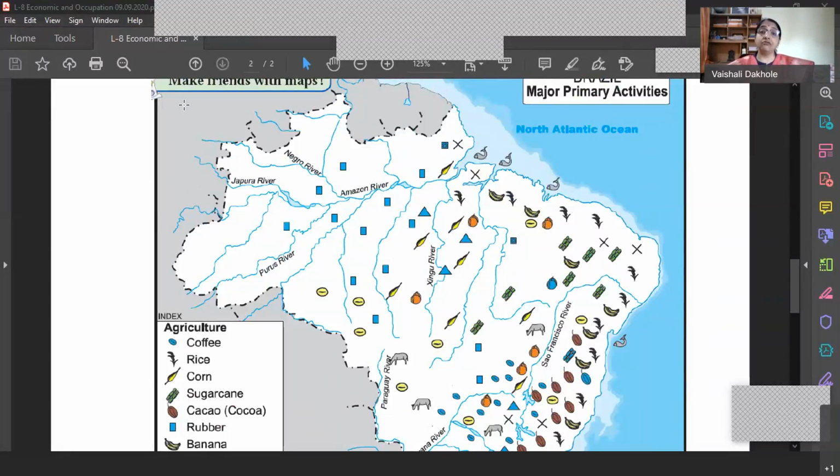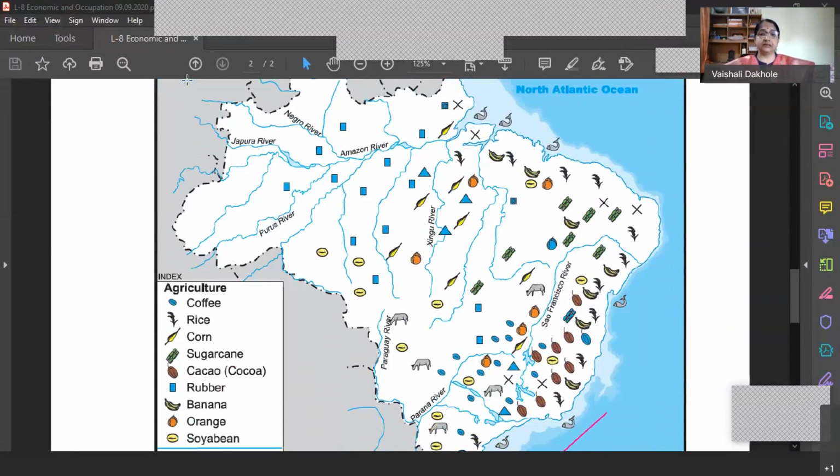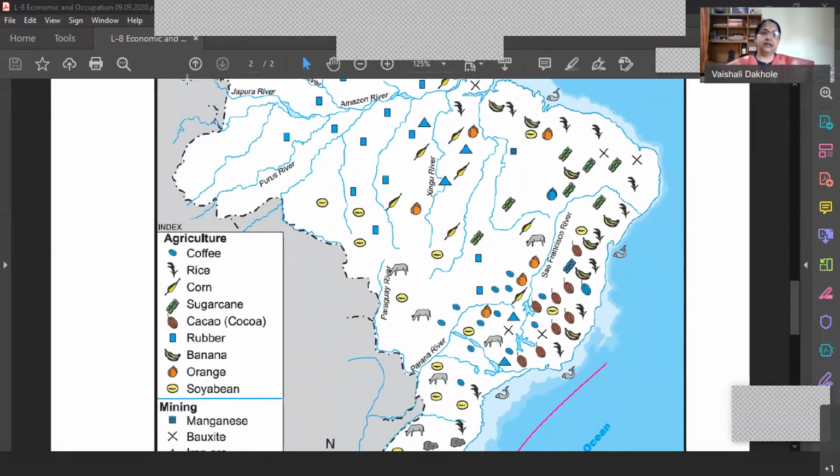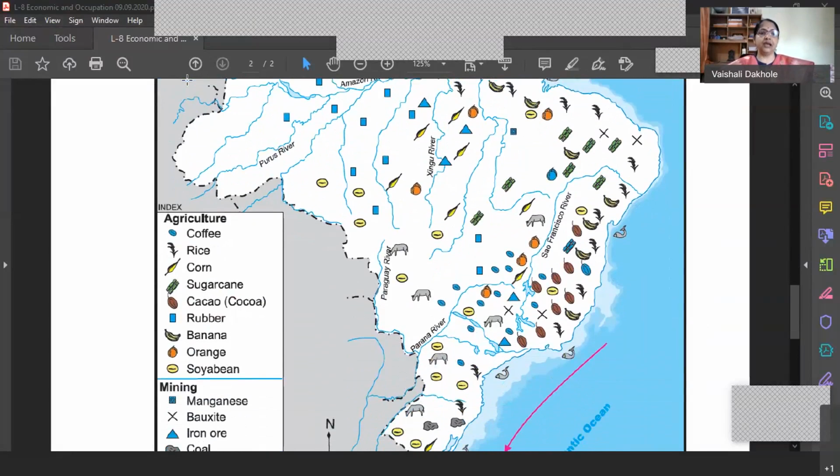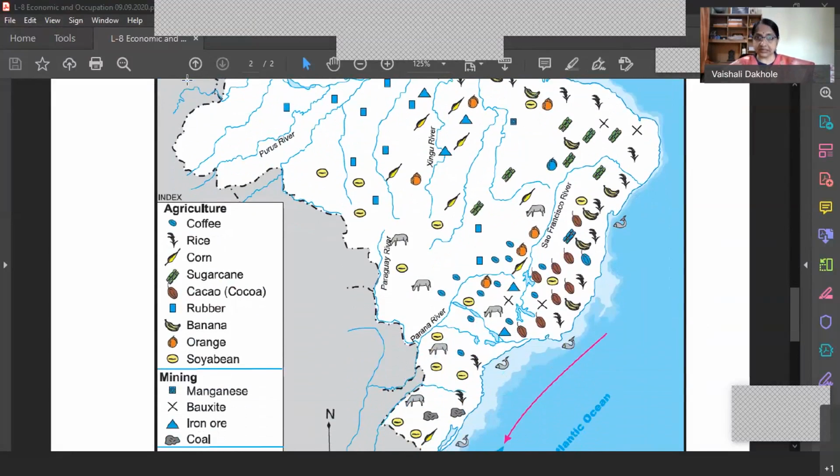Now let's see what questions are given on this map. In the index, they have shown you agricultural production. Some symbols are given, and those signs and symbols are shown in the map. With the help of those signs and symbols, you come to know about the distribution of different crops or minerals or the concentration of fishing activity in the region.